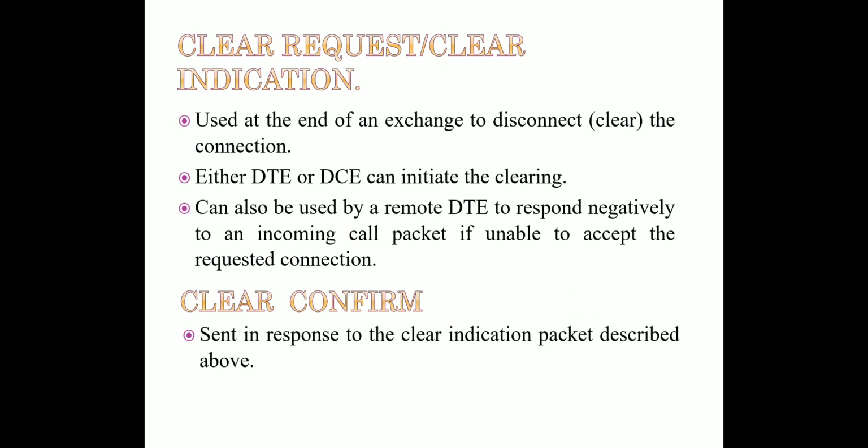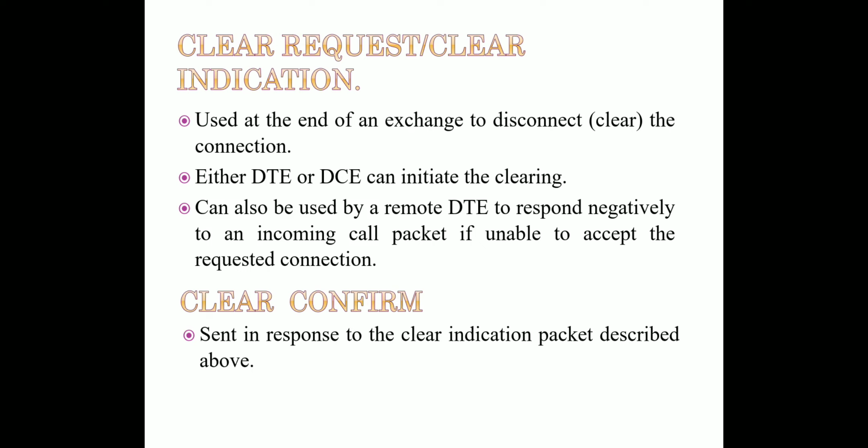The third control packet is clear request or clear indication. Now whenever the transmission is over, we need to disconnect the link, so we have to send this clear request or clear indication. So either the DTE or DCE can initiate the clearing.